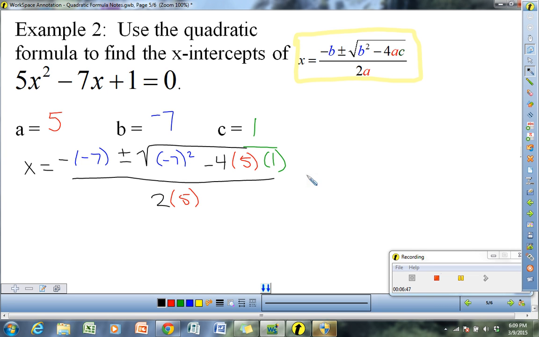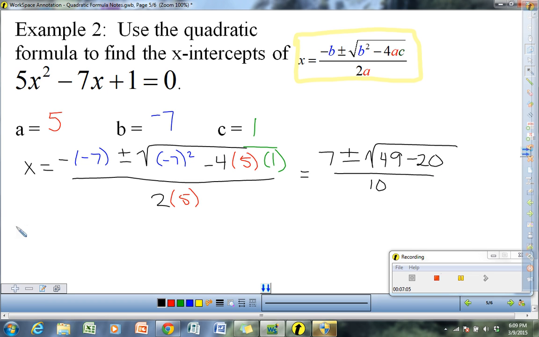Alright, let's simplify what we can. Negative 7 turns into a positive 7, plus or minus the square root. Negative 7 squared, plug that into your calculator, you get 49. Negative 4 times 5 times 1 is negative 20. All over 2 times 5 is 10.